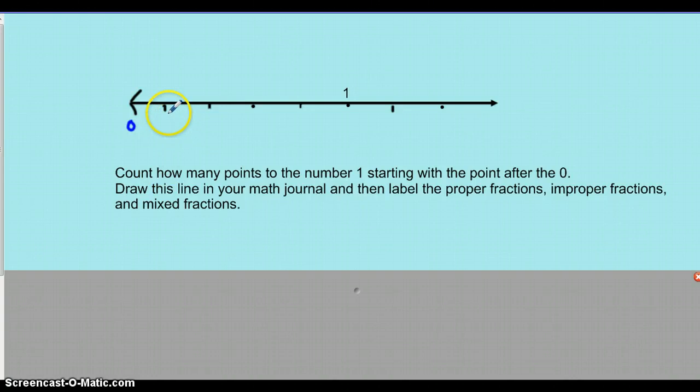Okay, so 1, 2, 3, 4, 5 means it's fifths.